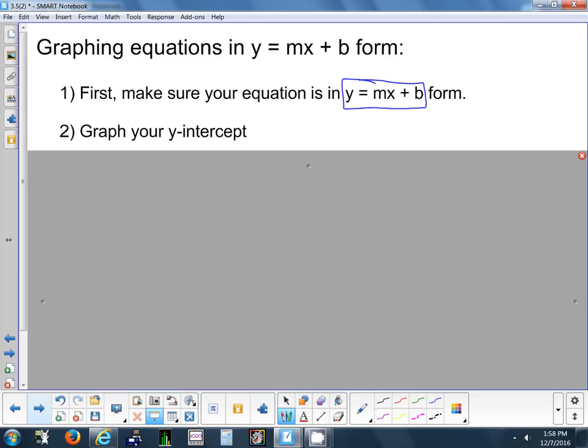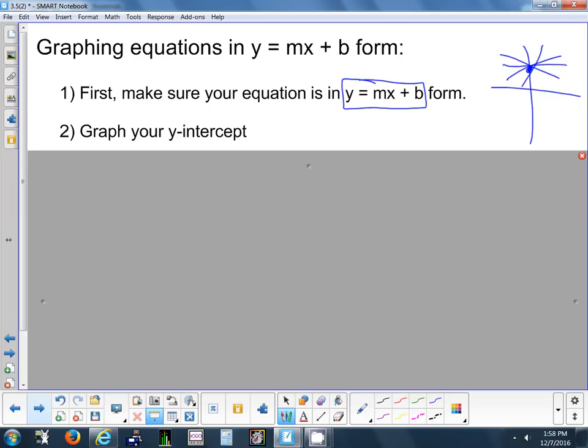Okay, once you graph that, you're going to have a single point on your graph. Now, can you draw only one line with a single point? No. Because if you have only one point, you could draw lots of different lines through one point.